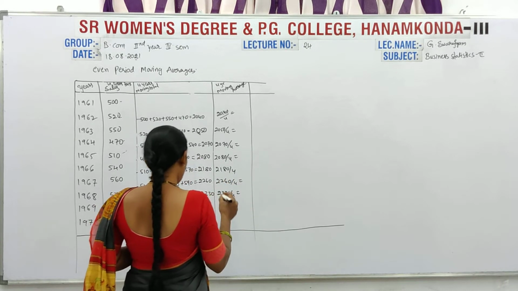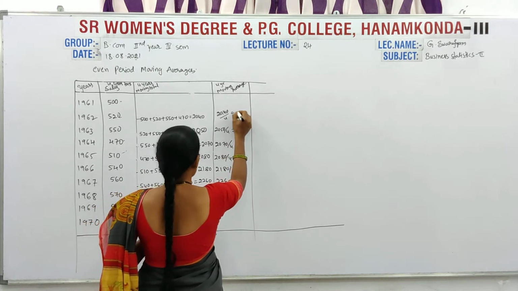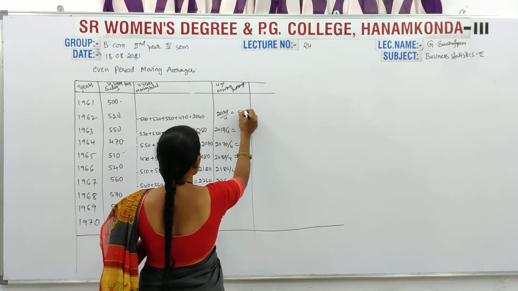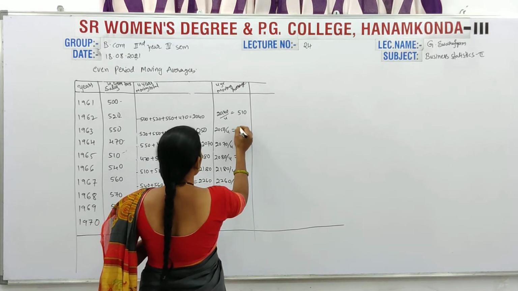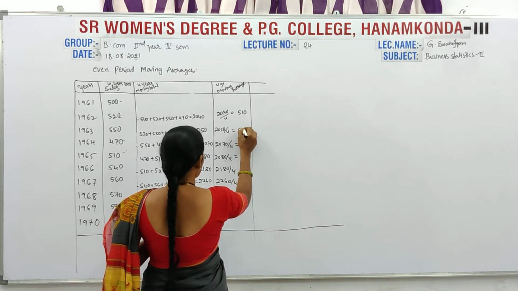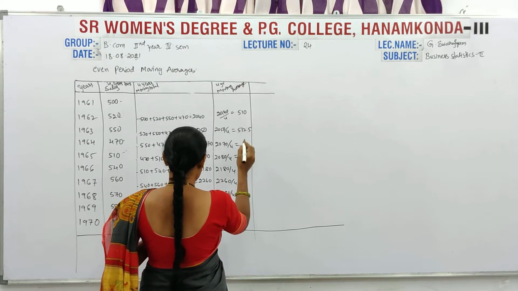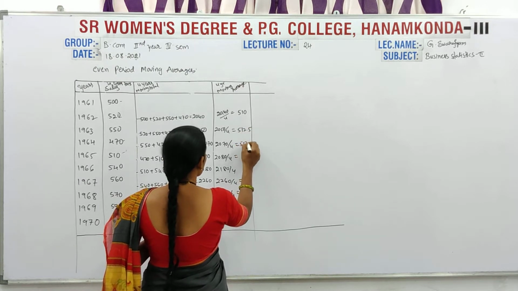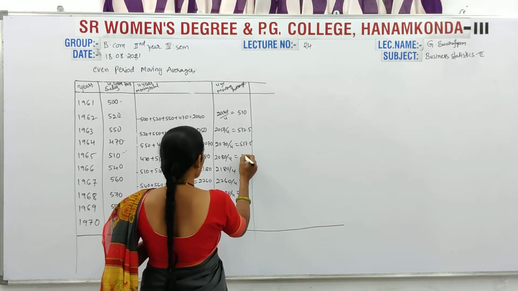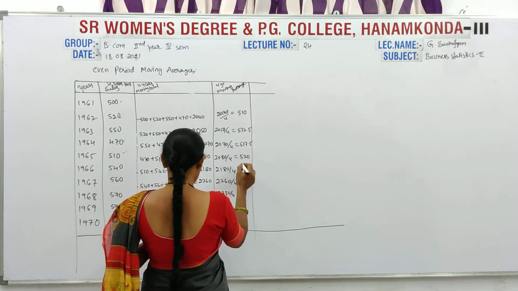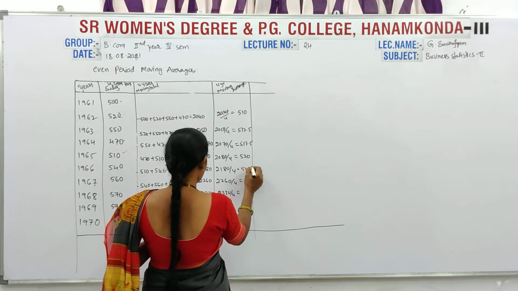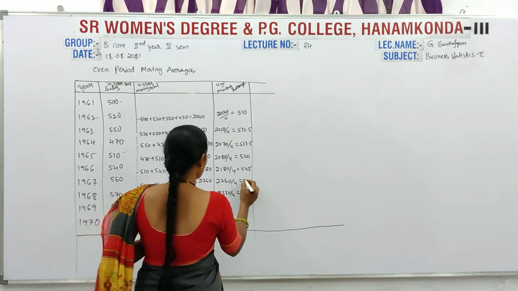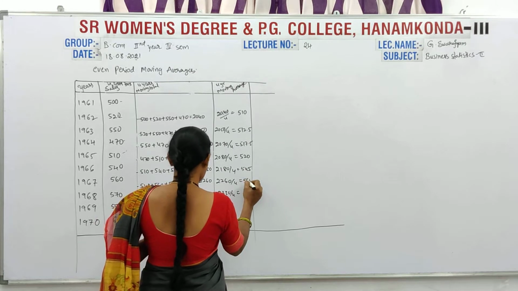So the averages are 510, 512.5, 517.5, 520, 545, 565, and 582.5.